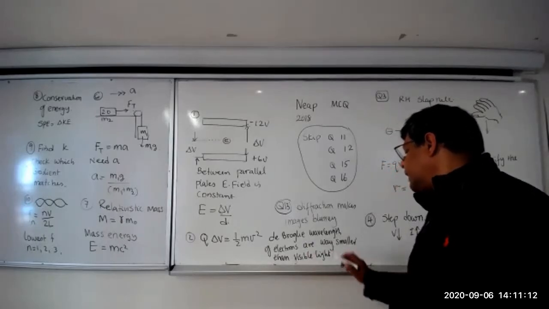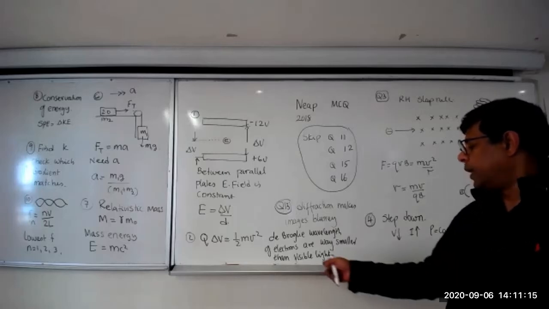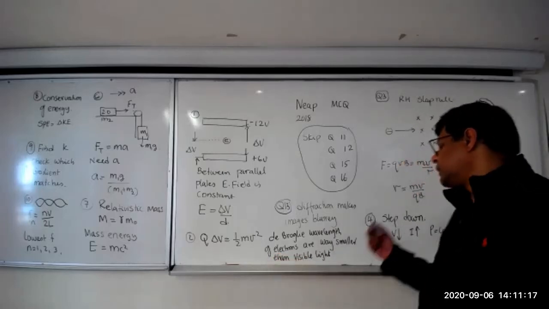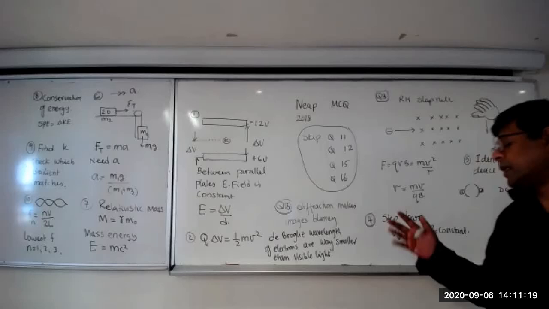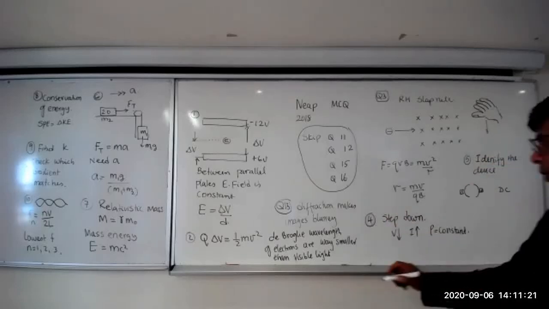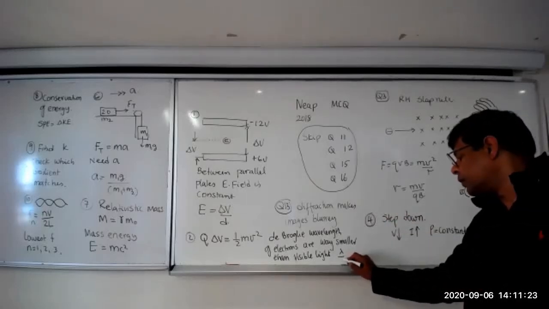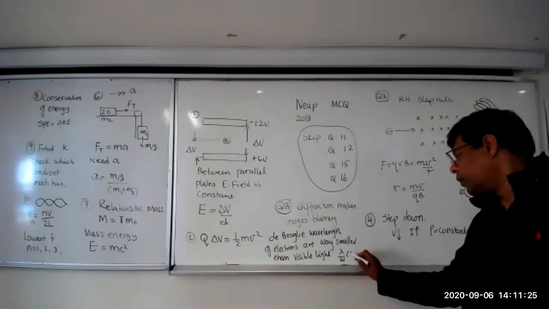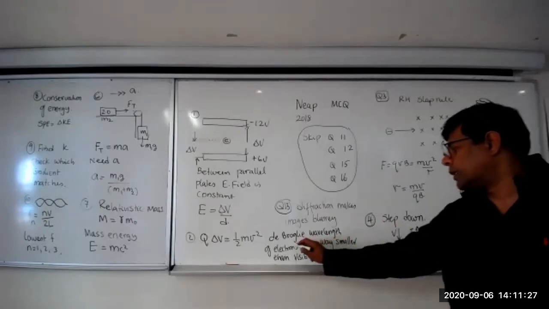Therefore, the diffraction effects come in very late when you're looking at very small objects. Otherwise, you can get a clear image because the lambda to w ratio is very small. Therefore, less diffraction with electrons.